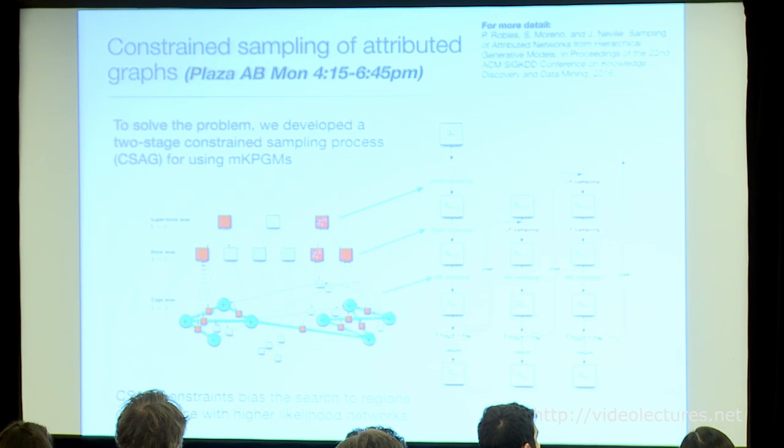Really what we did was take the structure of the hierarchy of the sampling from MKPGMs, and this would also apply to the other hierarchical models as well, and put it into the same type of approximate sampling framework, but one that takes into account more of the hierarchical structure, so that we can go back and revisit things that happened earlier in the hierarchy if we can't sample effectively down below.